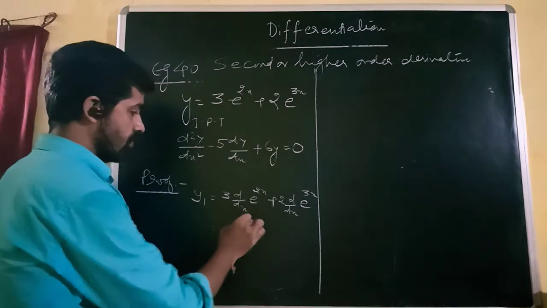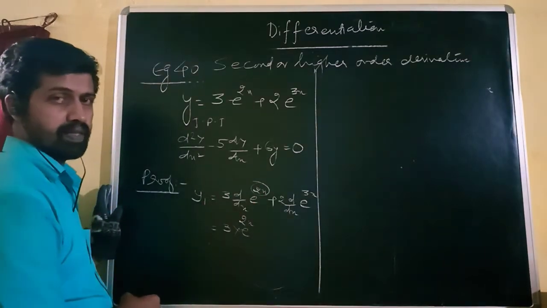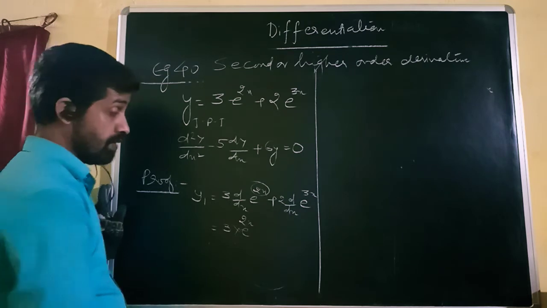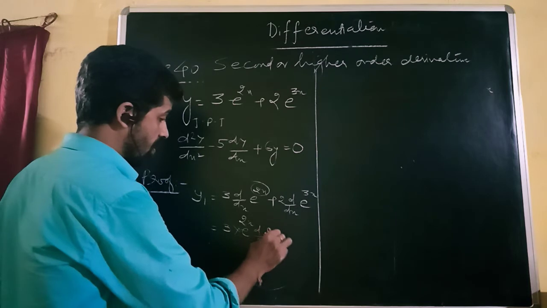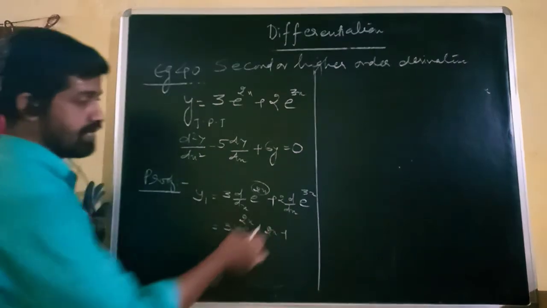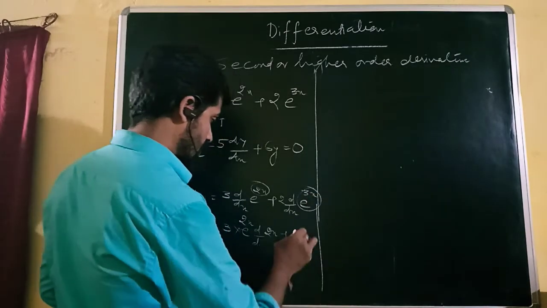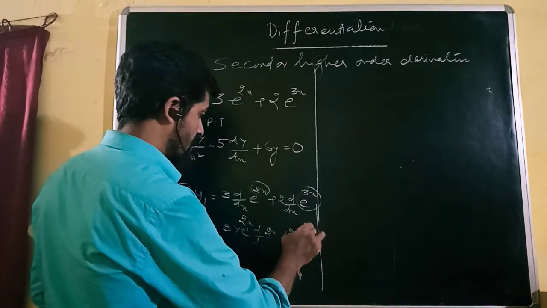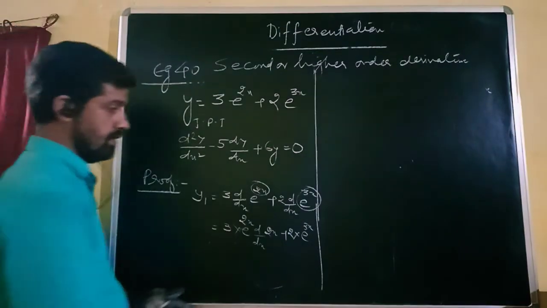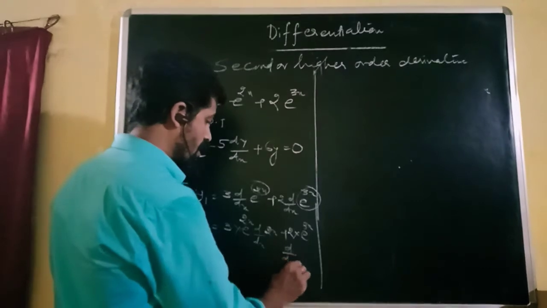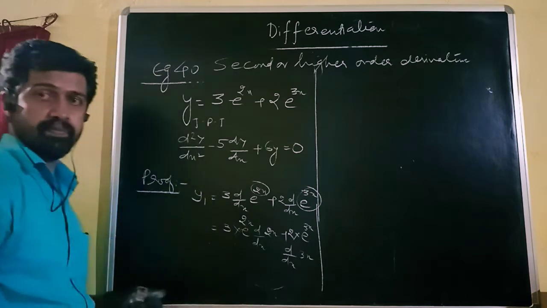So we write down this one as it is, but it is not x, so we have to go for chain rule. So d by dx of 2x, and likewise here also.